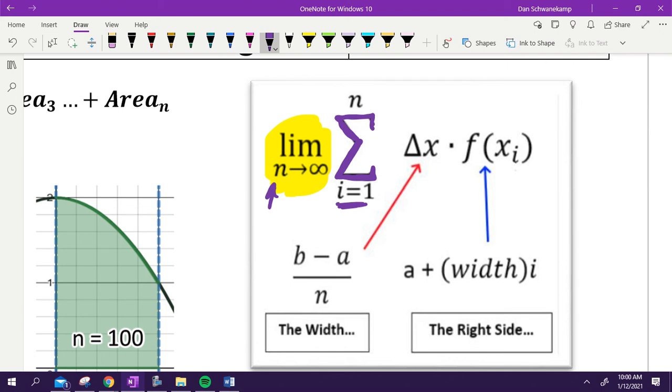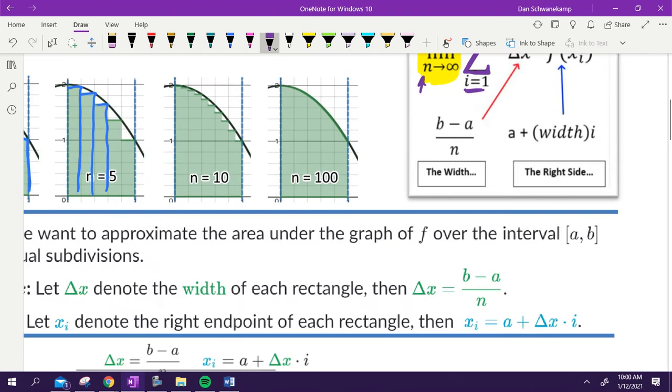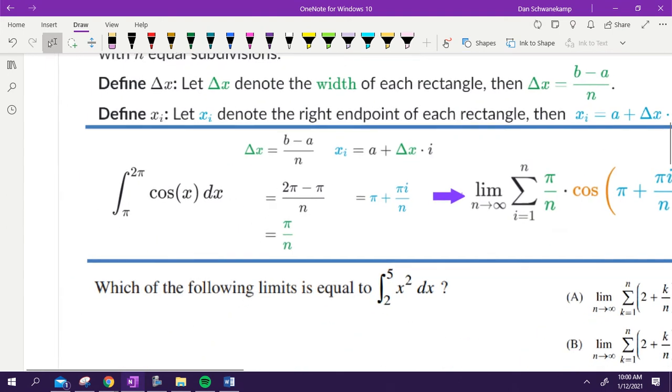How do you find the area of a rectangle? Base times height. That's what we're going to do. Okay? We're going to have an infinite amount of rectangles in the end, but it's going to represent that setup. It's kind of strange. Give me a second to talk through it. It will make more sense as we go.